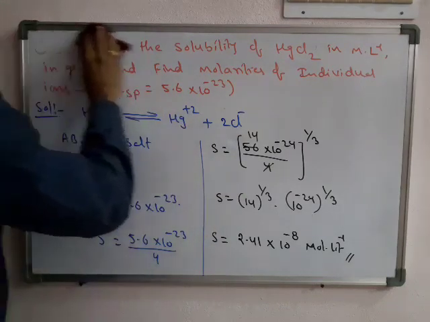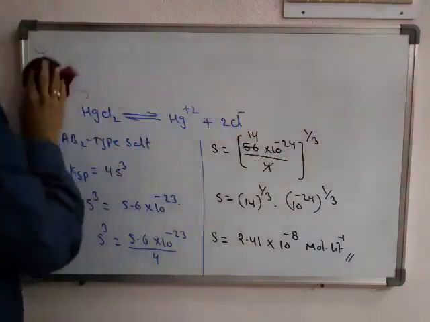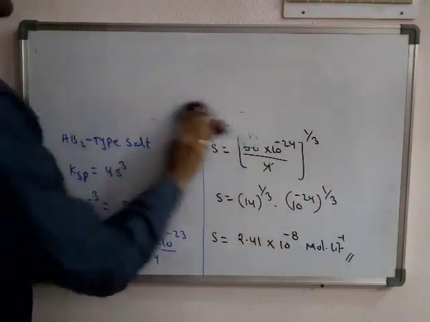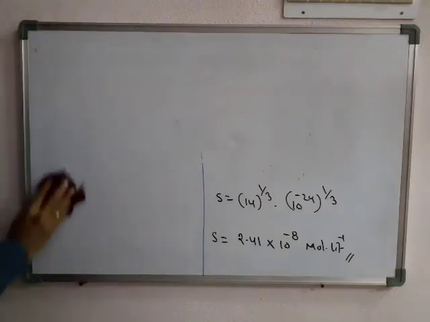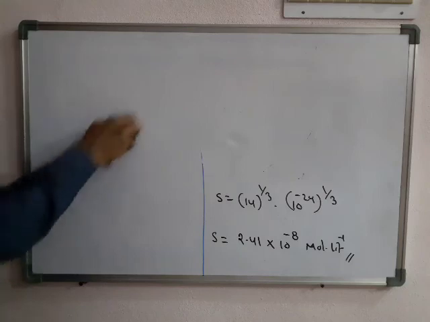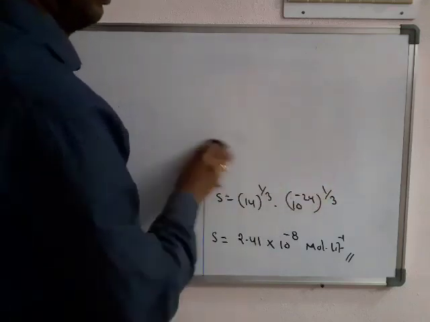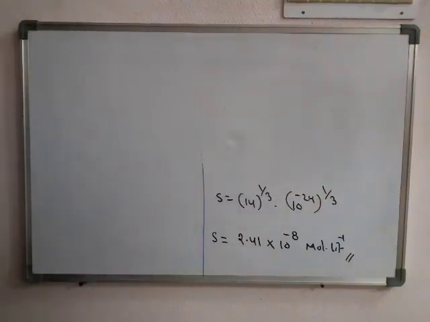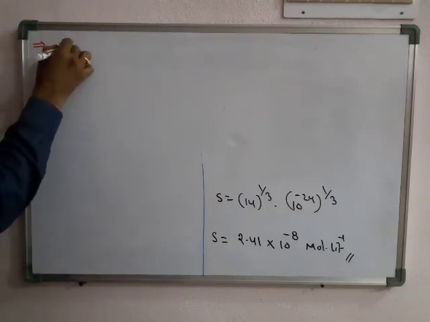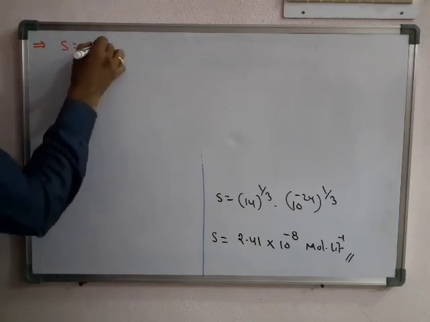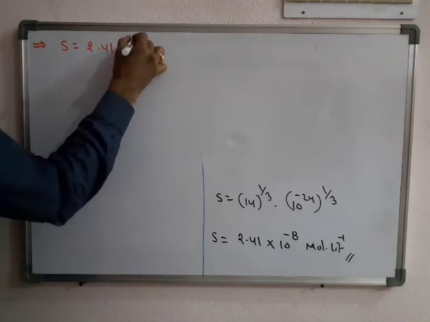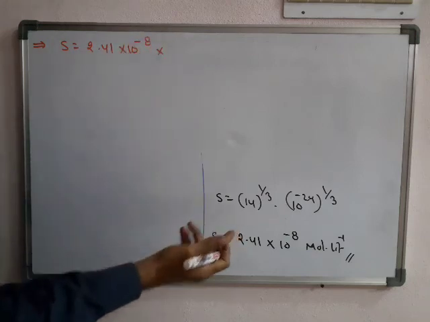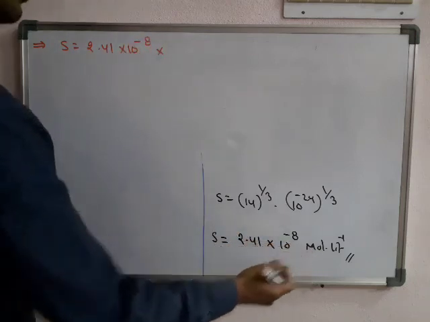So next we have to calculate the solubility in terms of grams per liter. So we take 2.41 into 10 power minus 8 moles. 1 mole is equal to the molar mass.